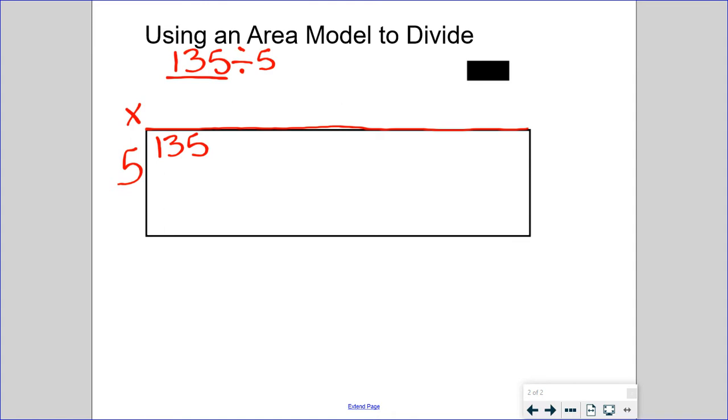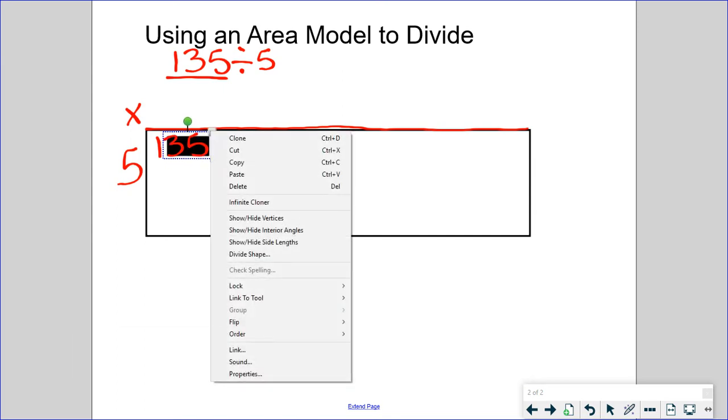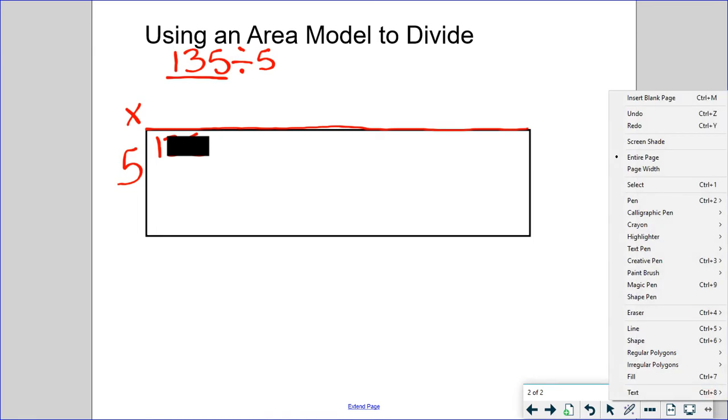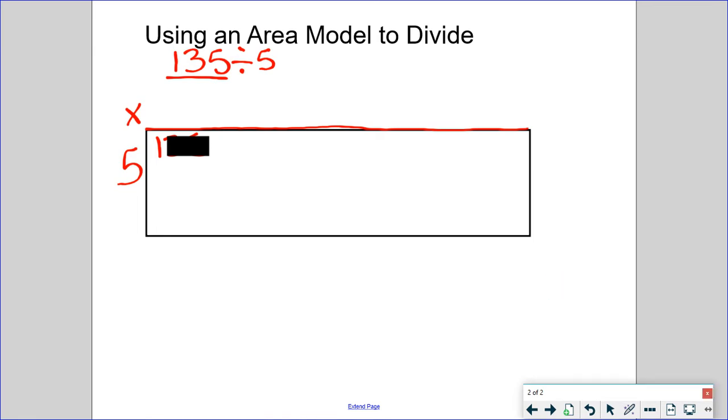I've encouraged the kids to break it down into place value and cover up part of the numbers and think, what number up here times 5 is going to equal 1?